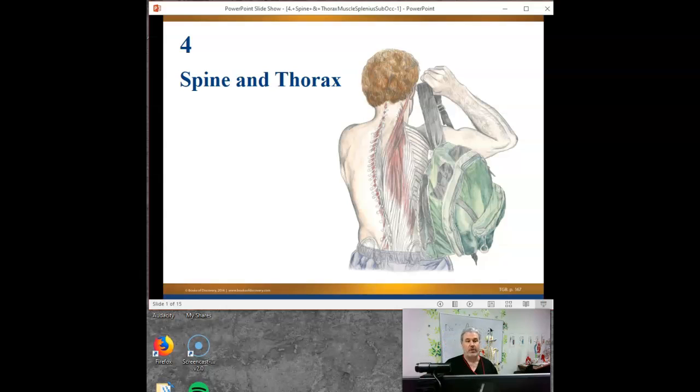So we've been going down layers, right? We started on the top layer of muscle on the back, a really top layer, when we first learned about this big diamond-shaped muscle.